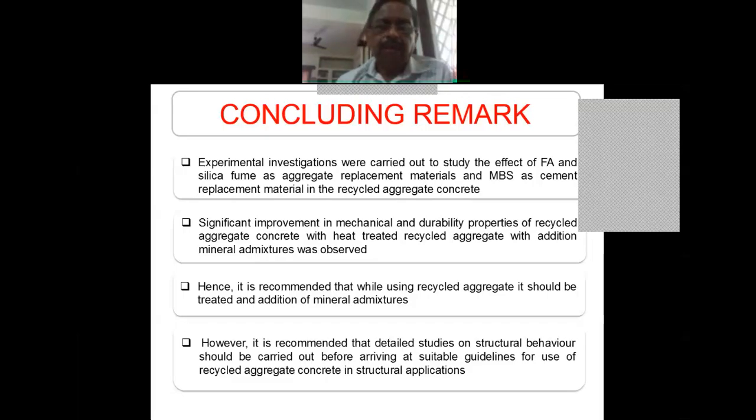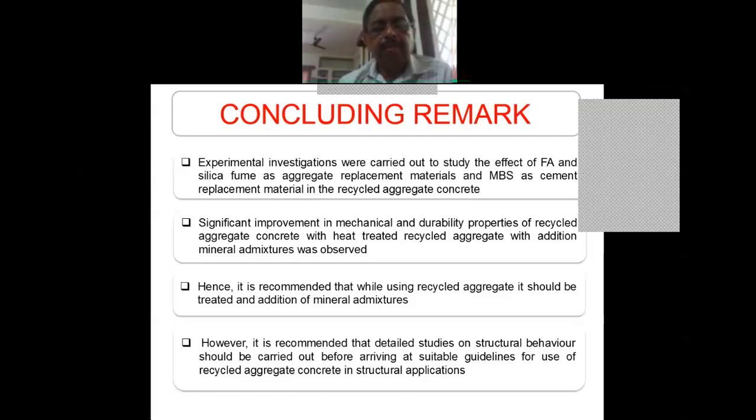Whatever loss is there because of the recycled aggregates, you can compensate by mineral admixtures. And treatment is necessary, but it will add to the manufacturing cost. So try to balance between treating the aggregate or changing the mix proportioning, reducing the water cement ratio and other methods, and you can try to achieve your required strength.